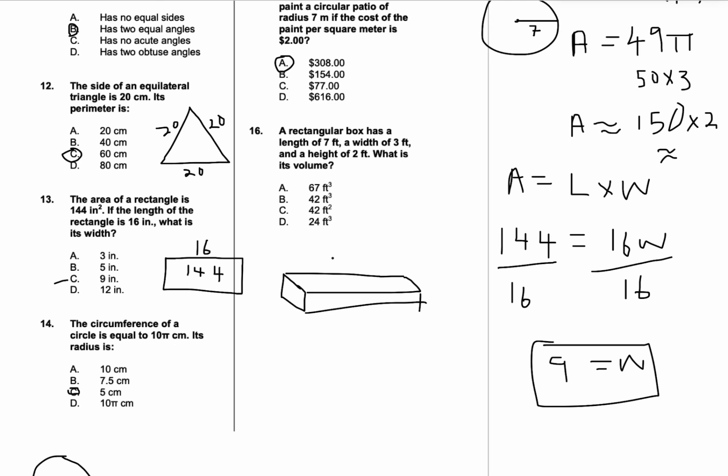So we can put the length, that's 7 feet here. And it says a width of 3, so we can put the 3 here. And then a height of 2, so we can put that here. And then what is the volume? Volume is length times width times height.